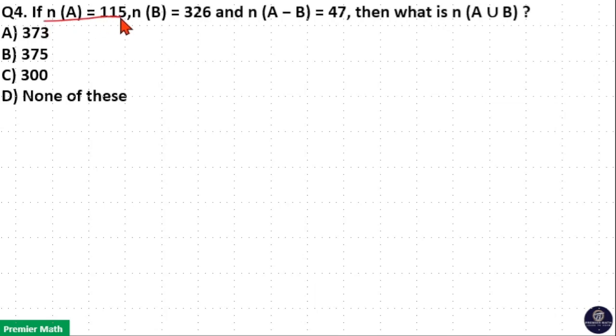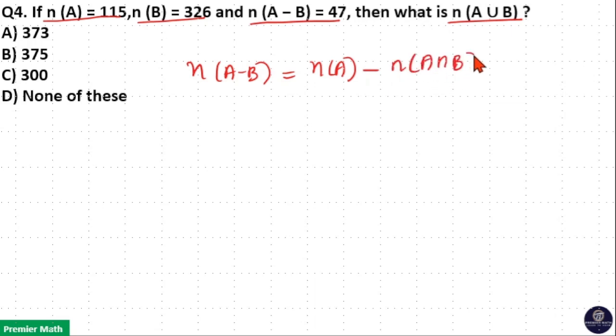If n of A is equal to 115, n of B is equal to 326 and n of A minus B is 47, then what is n of A union B? Here the n of A minus B formula is equal to n of A minus n of A intersection B. Now to find A intersection B, it is equal to n of A, 115, minus n of A minus B, 47.